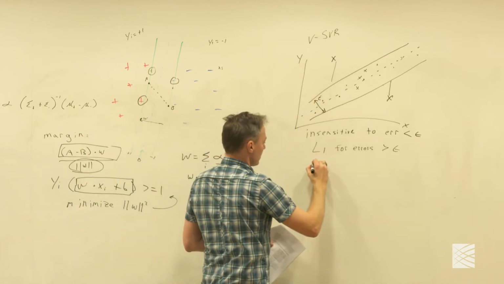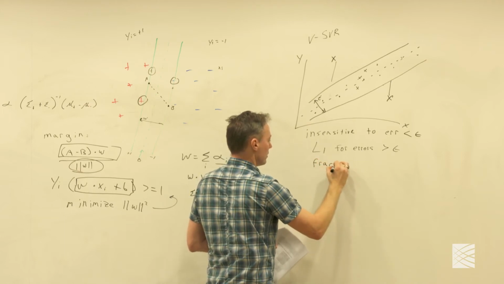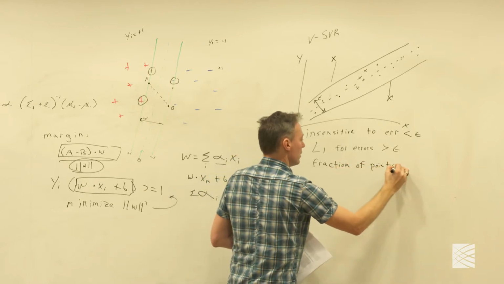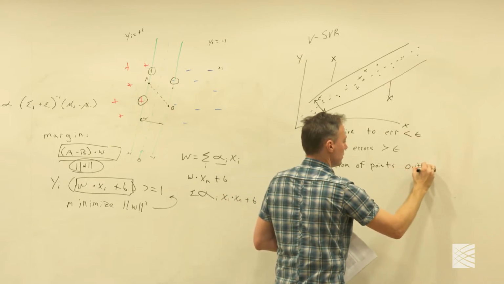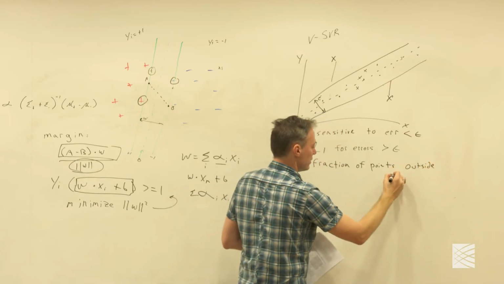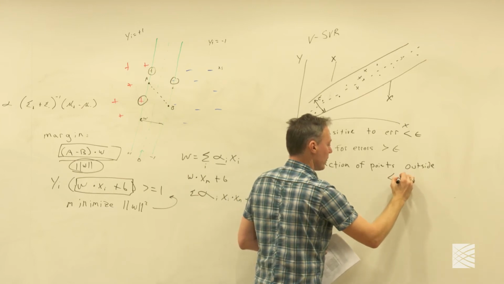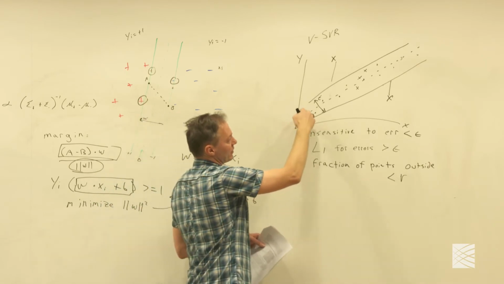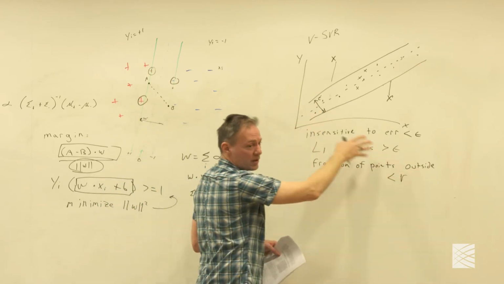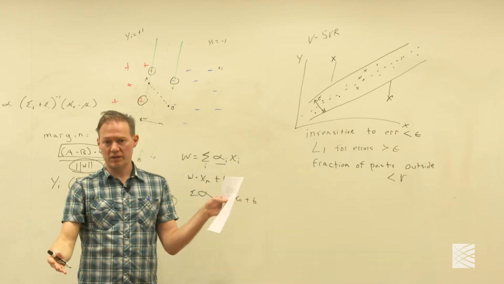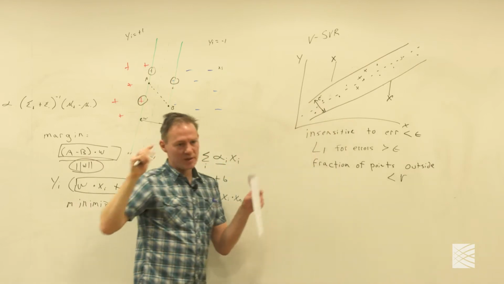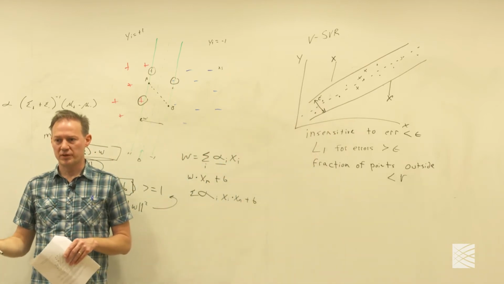The new part is that the fraction of points outside the tube is less than nu. So if we set this to 0.1, then 10% of our points will be outside the tube. So we'll find the narrowest tube, regressor tube, that captures 90% of the points.